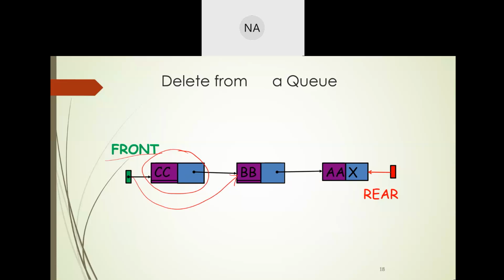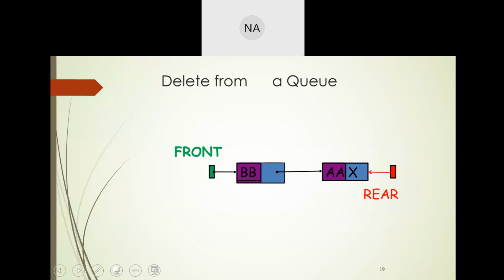Only one adjustment is required. That's all. The front points to the next node. So this is the deletion operation. It's comparatively simpler than the insertion operation because only one operation is required. The front points to the next node.